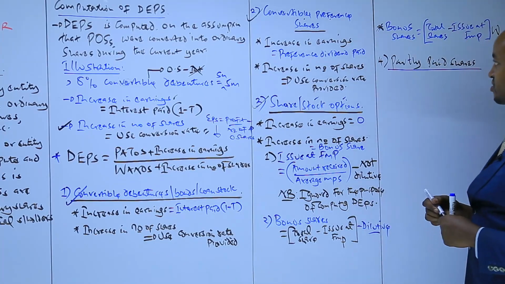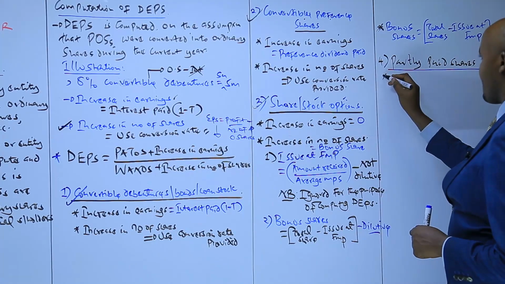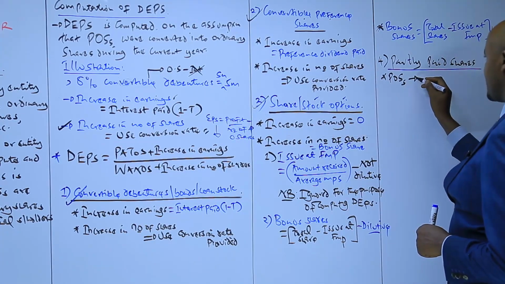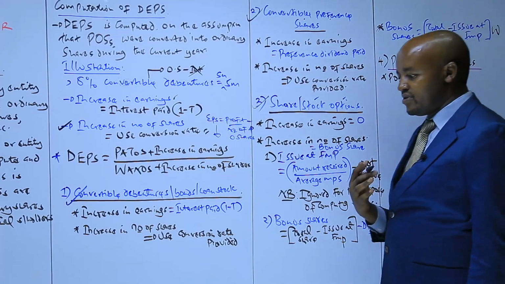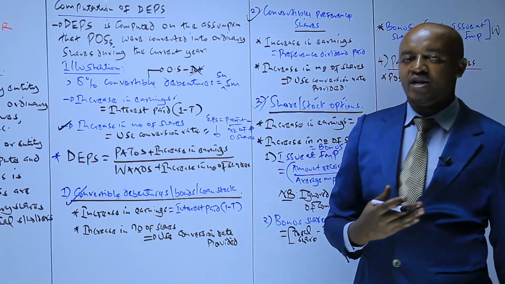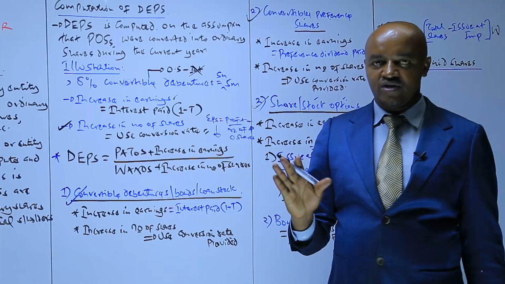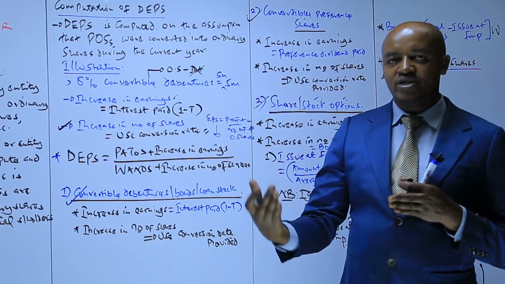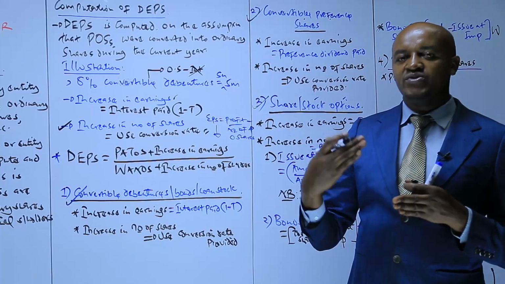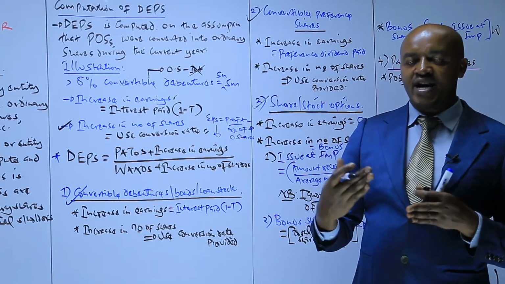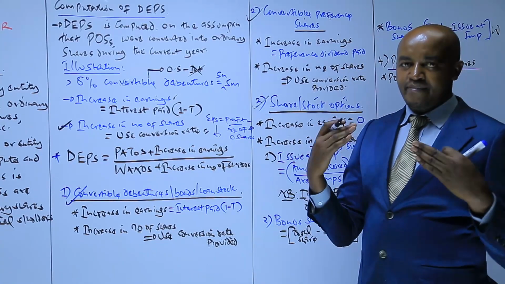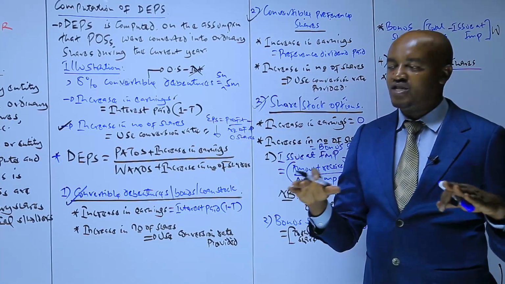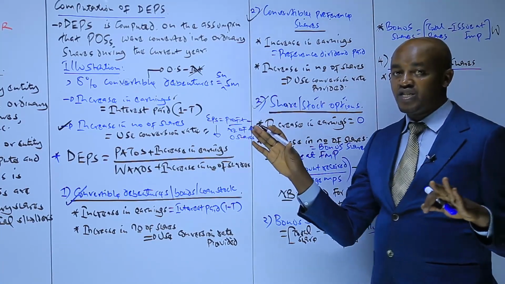So these particular shares are only considered to be potential ordinary shares if by the time the shares will be fully paid for, the market price per share will have increased. That is the only time we consider them to be potential ordinary shares, and therefore we use them in computing the diluted earnings per share. But if by the time the shareholders will be fully paying for these shares, the market price will not have changed, they are not considered to be potential ordinary shares.